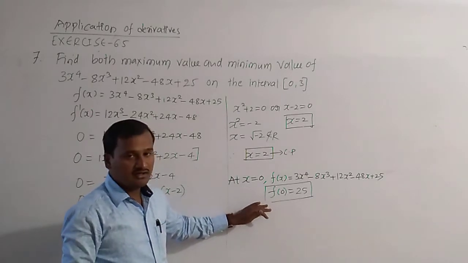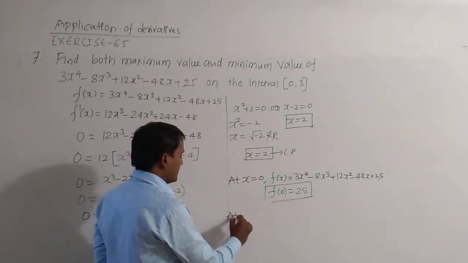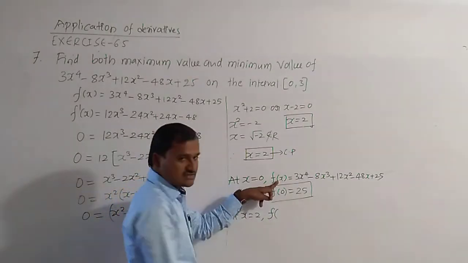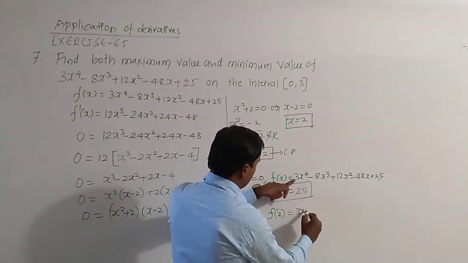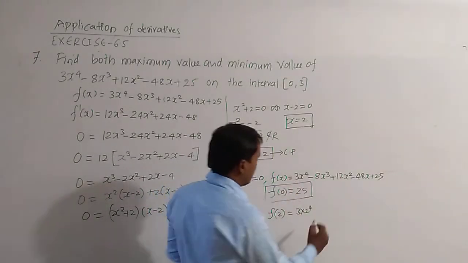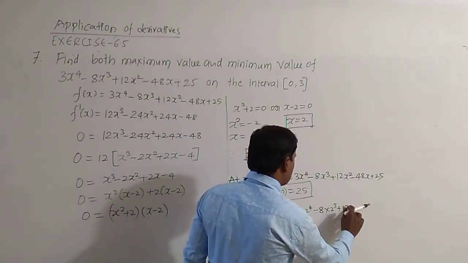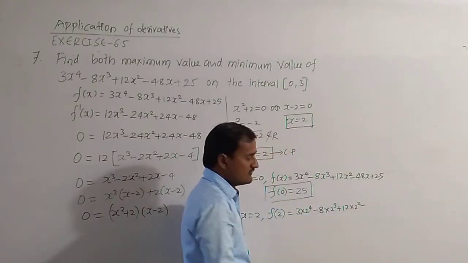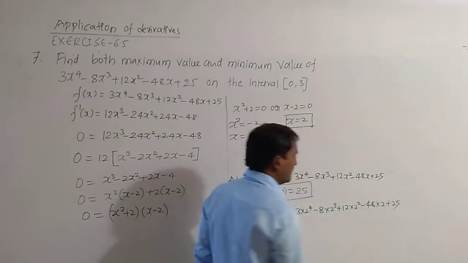Now we should find the functional value at x equal to 2. Substitute the value x equal to 2. f of 2 is equal to 3 into 2 raised to 4 minus 8 into 2 cube plus 12 into 2 square minus 48 into 2 plus 25.